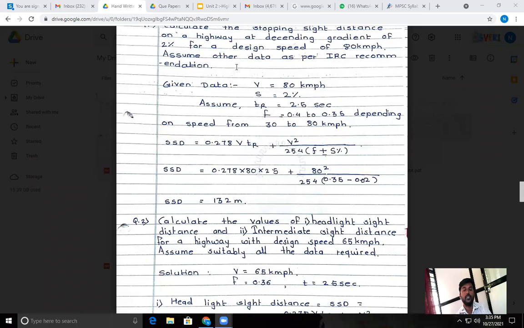Simply, ISD is equal to 2 times SSD. So what is meant by intermediate sight distance? Intermediate sight distance is equal to 2 into SSD, stopping sight distance. So how to calculate ISD? ISD is equal to 2 into SSD.